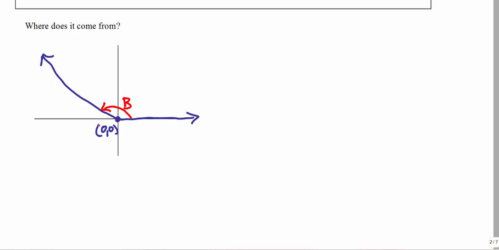When we are finding sine and cosine of angle B, in order to find the trig function values, we would pick a point that lived on the terminal side. Let's call that point x, y.